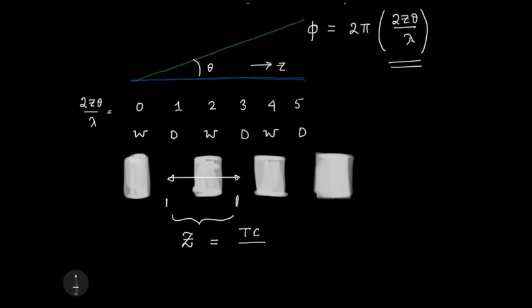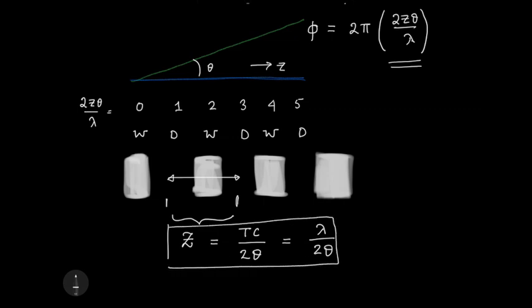You can write it in terms of time period this way, or in terms of lambda this way. This we will need later, but I leave it to you as an exercise. It's very straightforward. We also call this the width of the fringe. Okay. And the width is the same everywhere in the fringe.